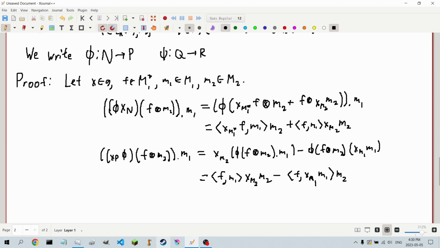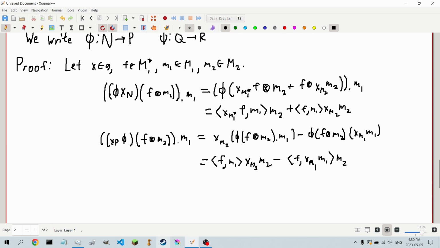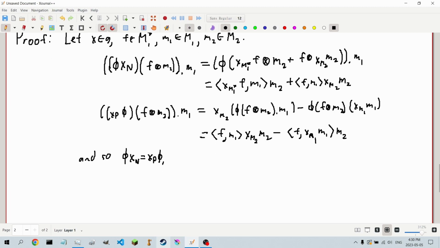Because this here, yeah, one of the elements is the same, the other we're swapping over the place of x m1 with its star, which gives us a minus sign. And so phi of x n is equal to xp of phi. So that's our first one.